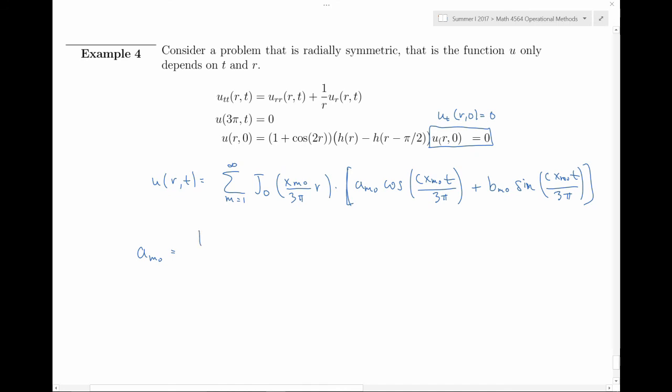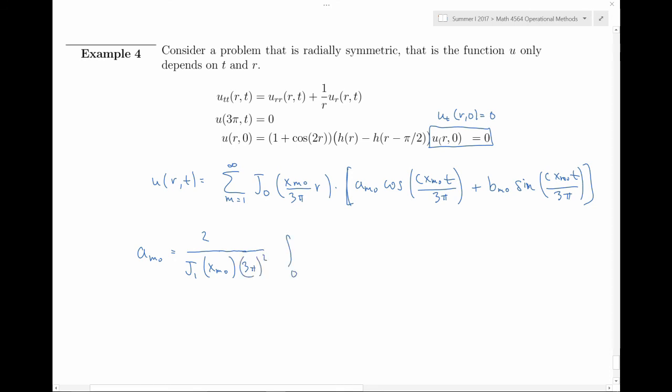So it's going to be 1 over j1 of x m0 with 2 on the top and 3 pi squared on the bottom.